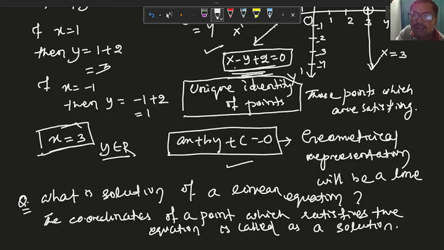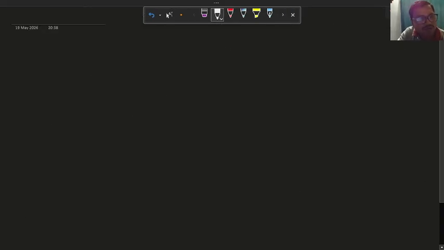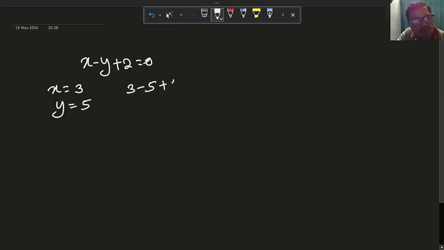Suppose, let's take an example. Suppose x minus y plus 2 equal to 0. This is a linear equation. Here, if I put x equal to 3 and y equal to 5, then what happened? Then it will be 3 minus 5 plus 2.